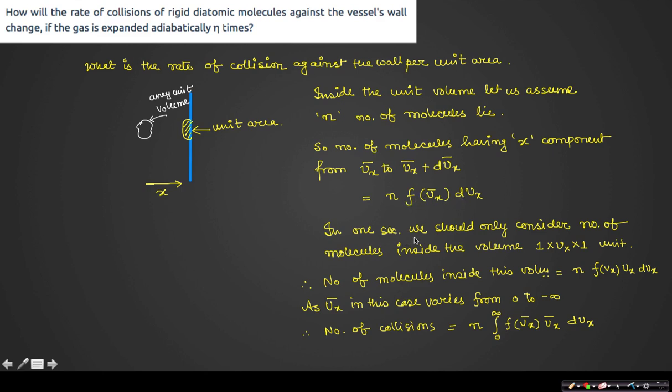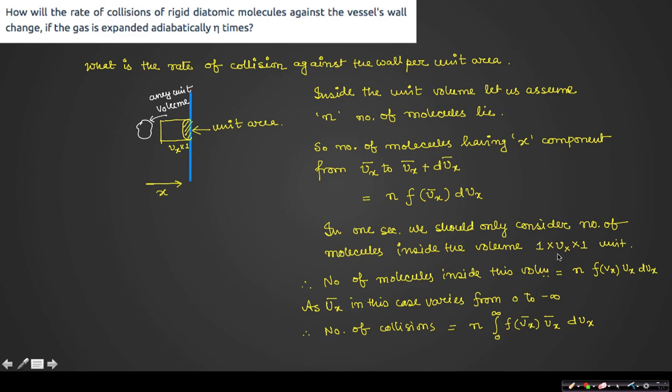Now in 1 second we should only consider the number of molecules inside the volume, that is, if you consider this is the volume inside which the gas molecules can hit in 1 second, and that is Vx multiplied by the area, which is only 1, right? And the time is also 1.